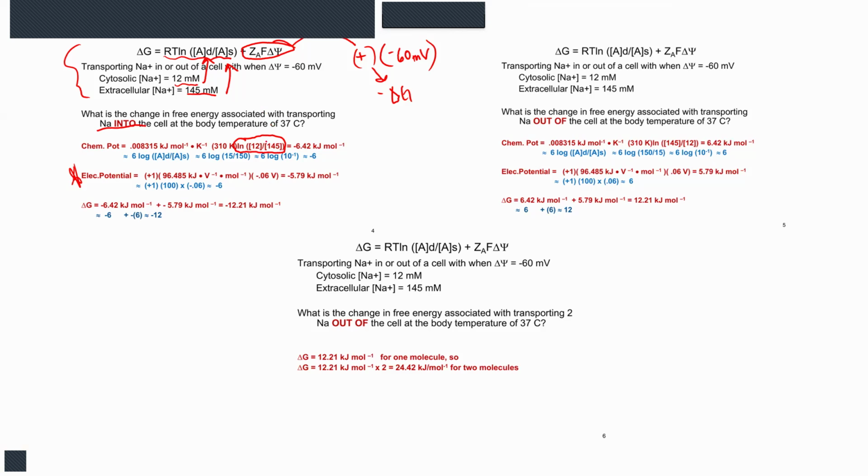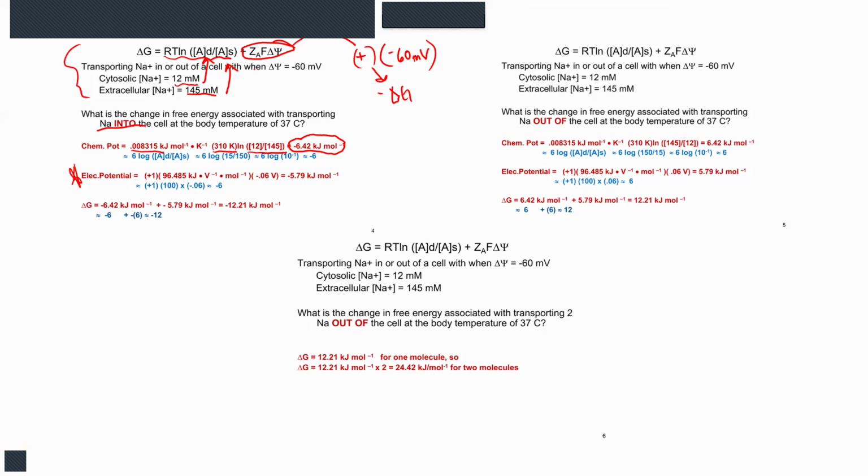So 12 divided by 145, and then the natural log of that. Well, that's going to give us a negative value. And then we multiply that by our RT, which in this case is 0.008315 times 310 times the natural log of 12 over 145, and we get delta G there.